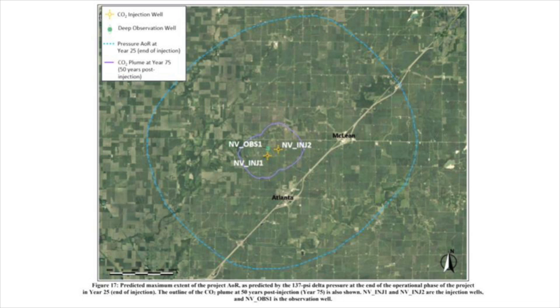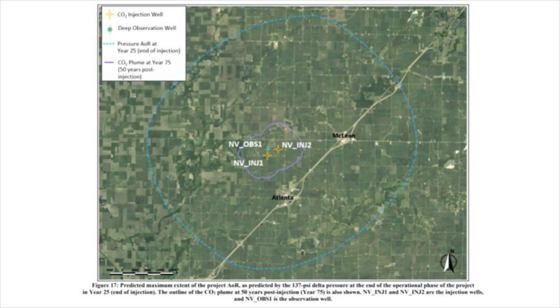So I'll start with the first slide here, and I want to talk about AOR. AOR stands for Area of Review, and this is required by the US EPA for a Class 6 well permit application to determine this area. This area is actually the entire pressure front boundary for an injection.